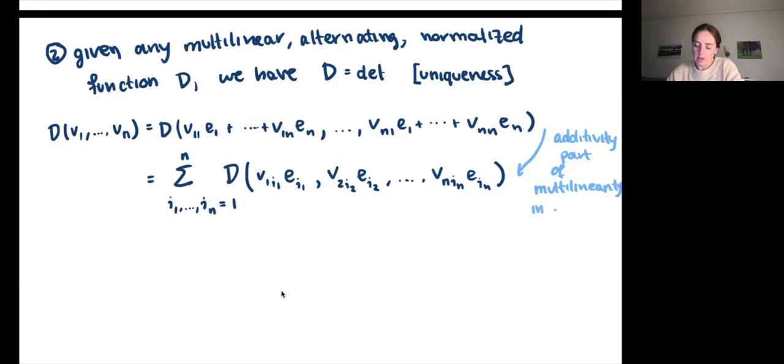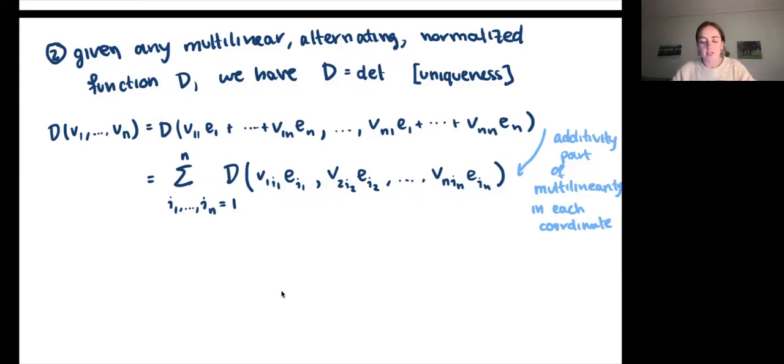So going back to the 3x3 case, this is our 27 terms. But a lot of those 27 terms are going to be 0.